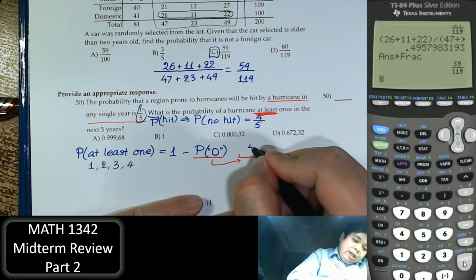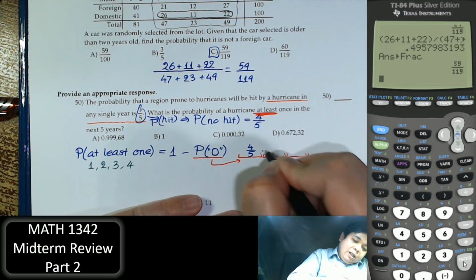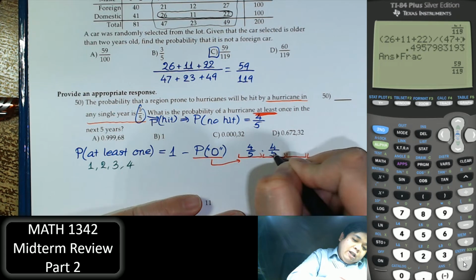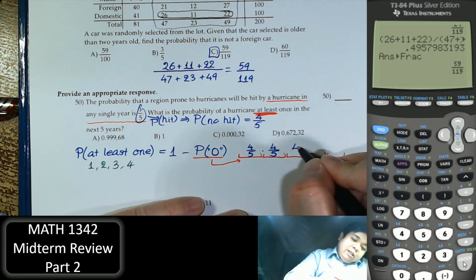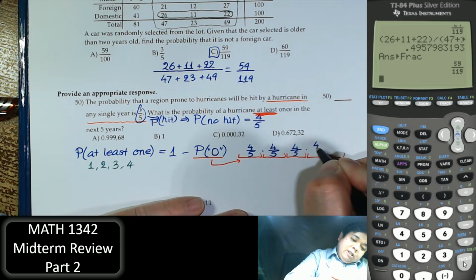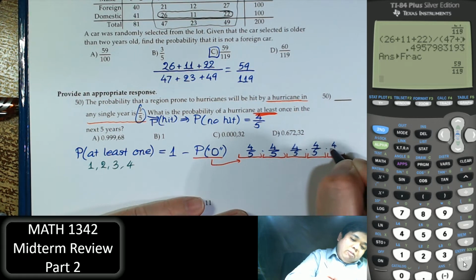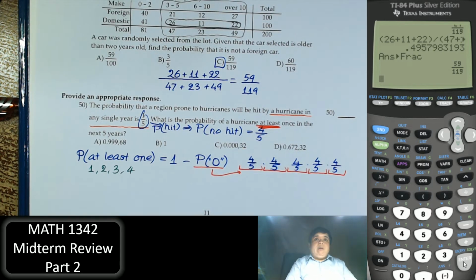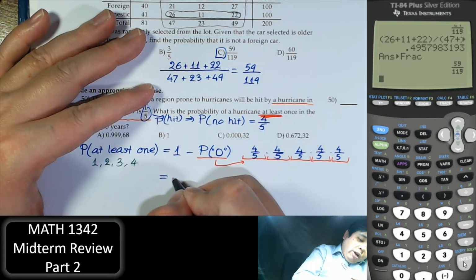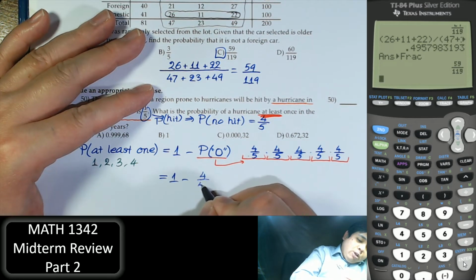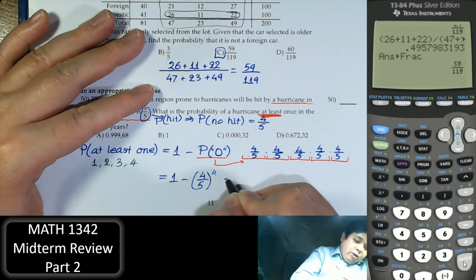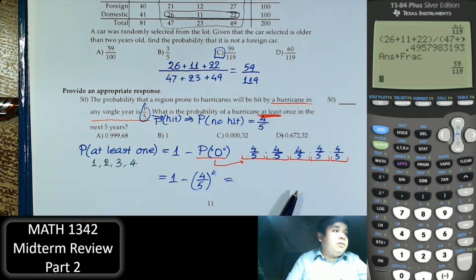So for each year, there is a 4/5 chance that there's no hurricane. And we multiply those 5 times. So we have 1 minus those multiplied together. Just say 4/5 to the 4th, 4 divided by 5 to the 4th power.